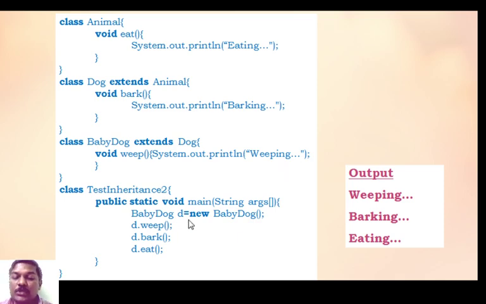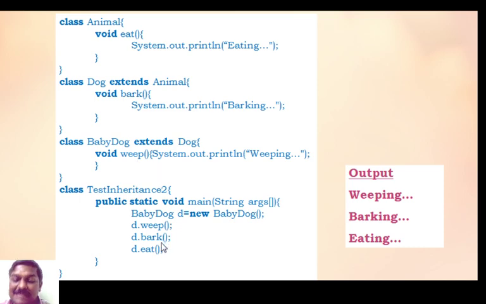Now I am going to create an object for the class baby dog. The object name is D. So I am going to call all the three methods. The first method I am going to call is weep, that is inside the baby dog class. So it will automatically be executed, and weeping will be the output of the method.